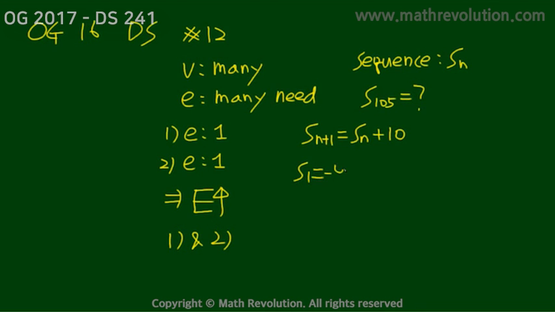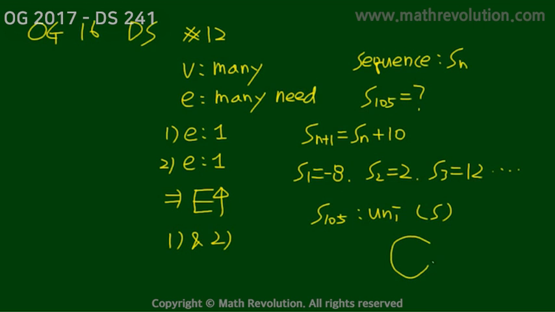And S1 equals negative 8. So S2 becomes 2, S3 becomes 12. And we can find S105, which is a unique value. So the condition 1 and 2 become sufficient, and the correct answer choice is C.